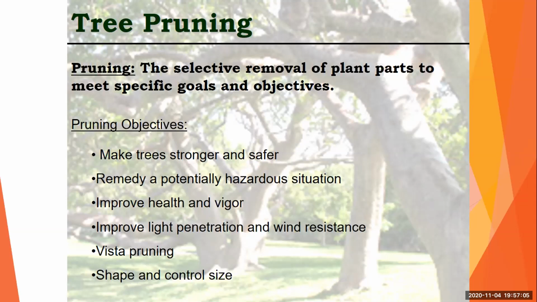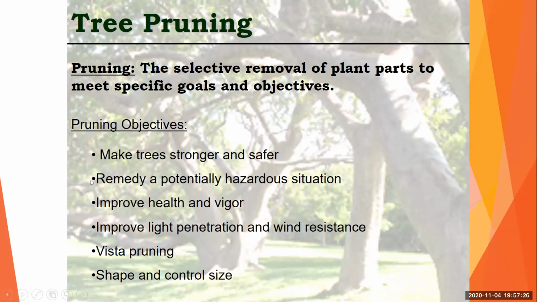Also pruning is very important. The pruning is the selective removal of plant parts to meet specific goals or objectives. So you need to have a goal, you need to have some objectives before doing the pruning. And the principal objectives are to make the tree stronger and safer.